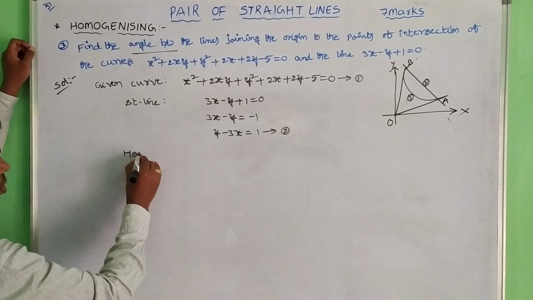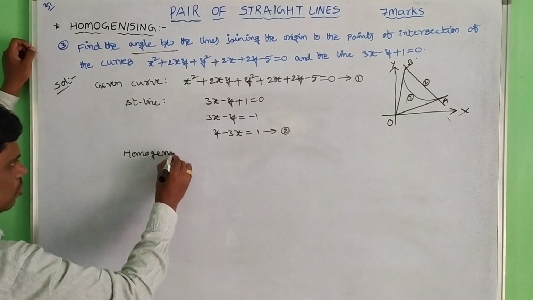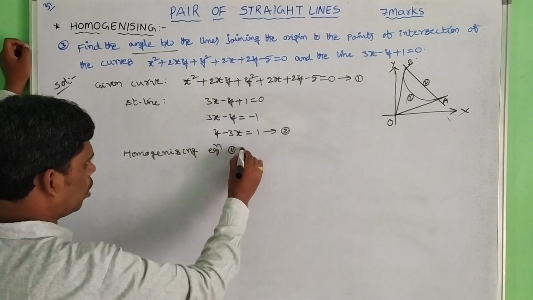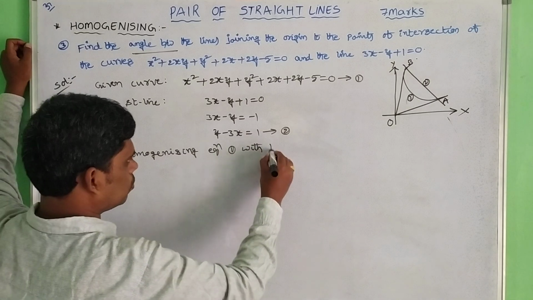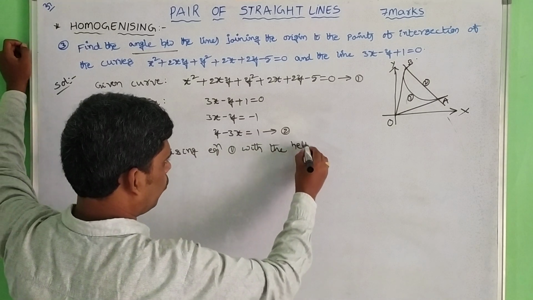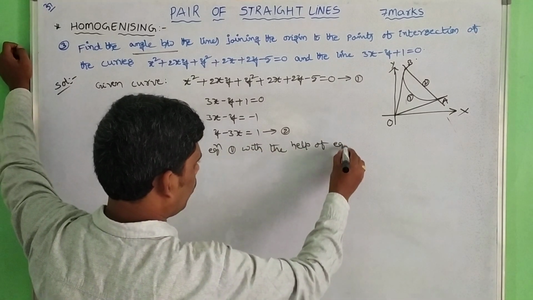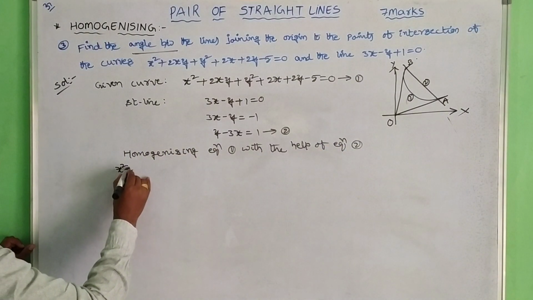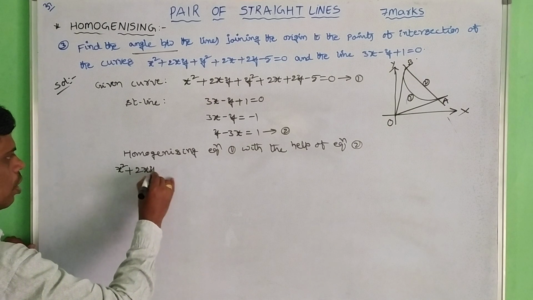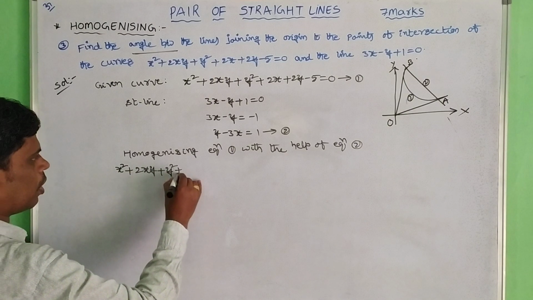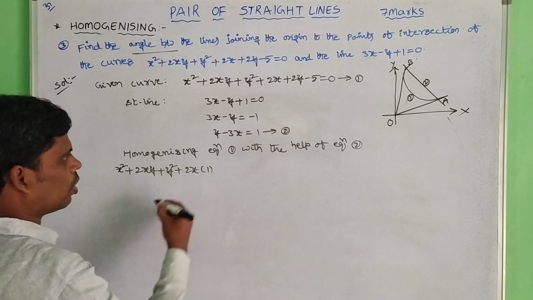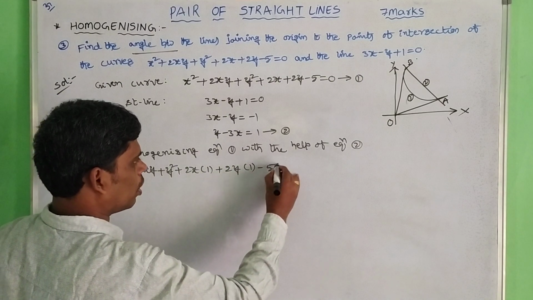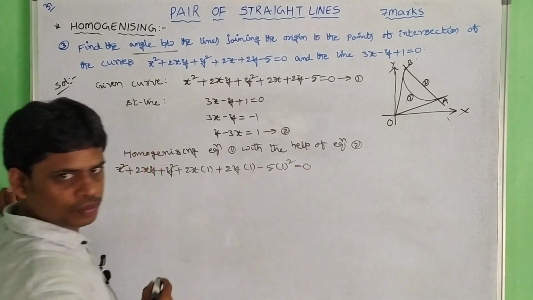Homogenizing equation 1 with the help of equation number 2. From equation number 1: x square plus 2xy plus y square plus 2x into 1 plus 2y into 1 minus 5 into 1 square equals 0.